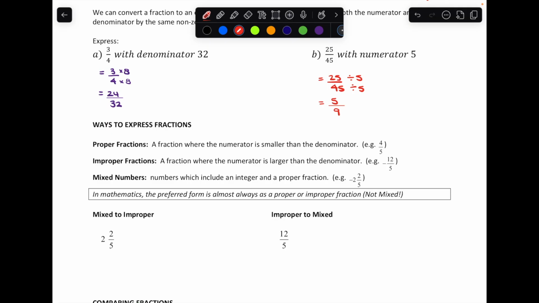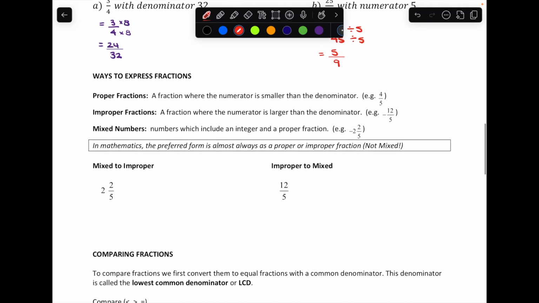So an example, negative 12 over 5. And then mixed numbers are numbers which include an integer and a proper fraction. So an example would be negative 2 and 2 over 5. And a note here, in math, the preferred form is almost always a proper or improper fraction rather than a mixed fraction.